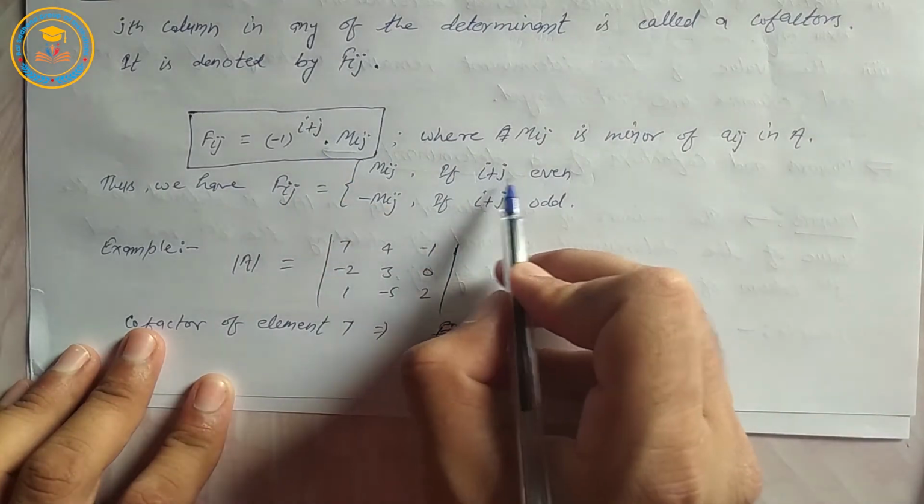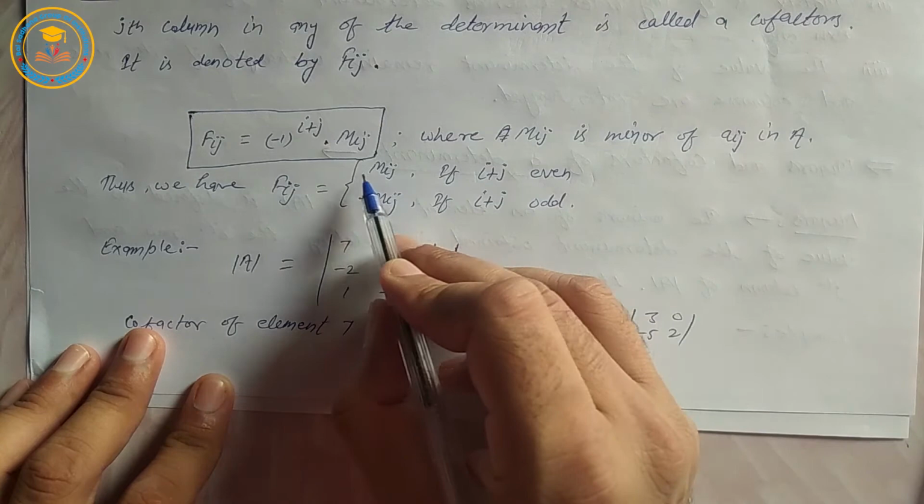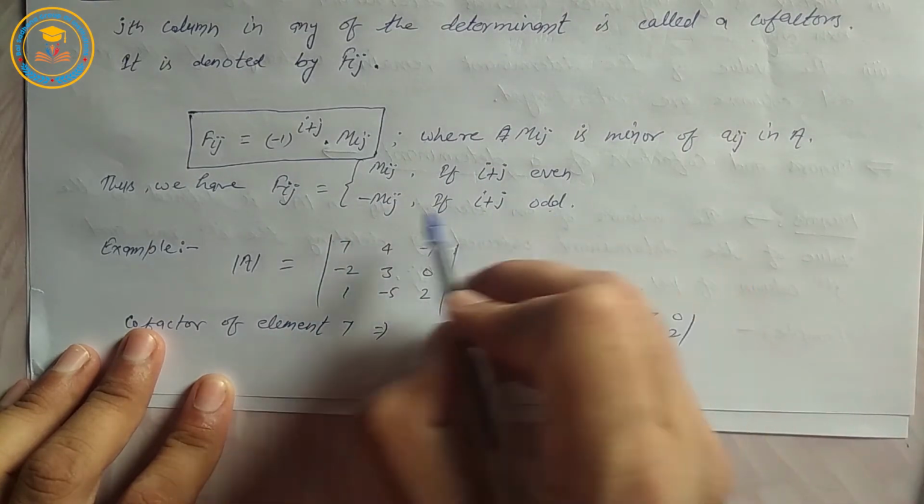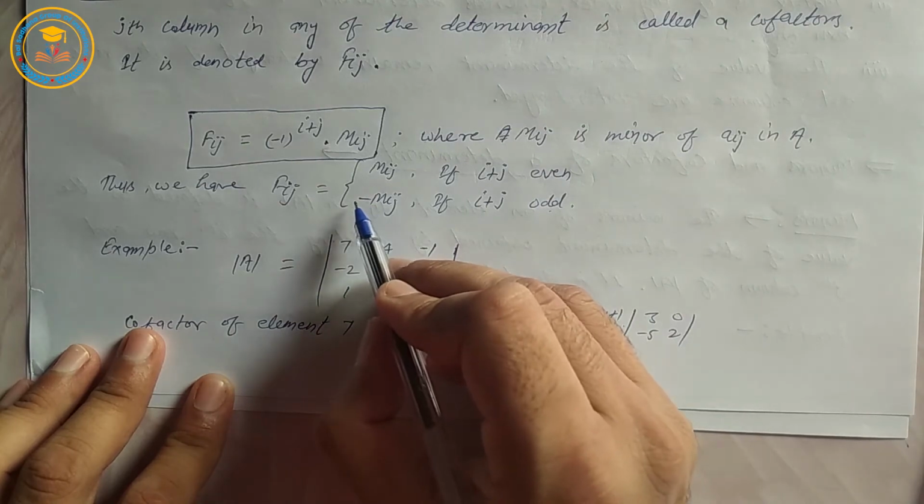I plus j even means Mij positive, i plus j odd means Mij negative.